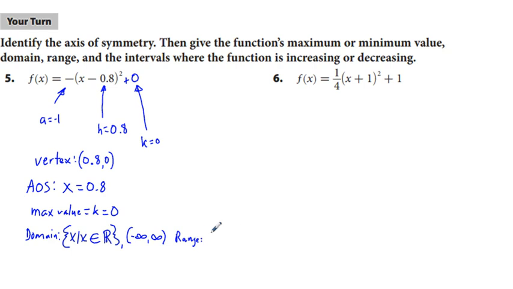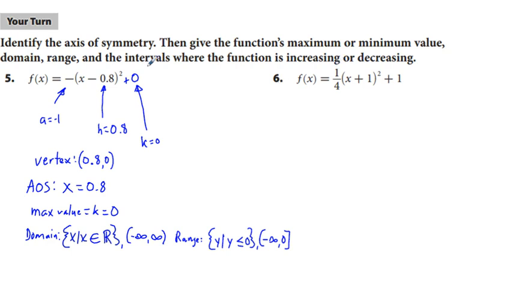So we're going to have range: y such that y is less than or equal to 0. And then, of course, in interval notation, we would put open parentheses, -infinity, 0, like that.